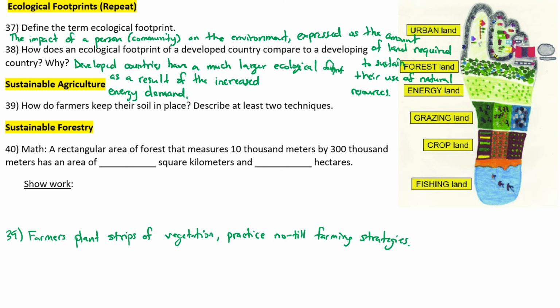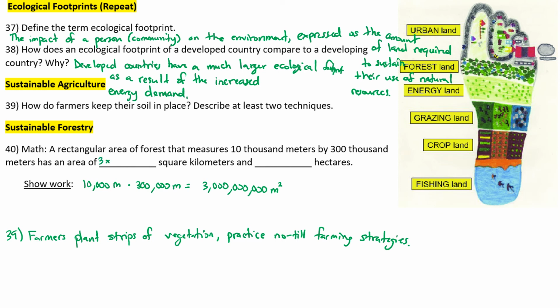40. A rectangular area of forest that measured 10,000 meters by 300,000 meters has an area of blank in square kilometers and blank hectares. So here we go. We have 10,000 meters times 300,000 meters, and this gets us 3 billion.